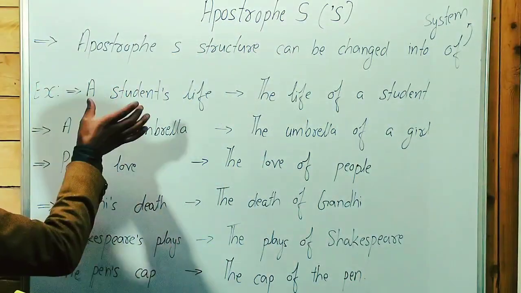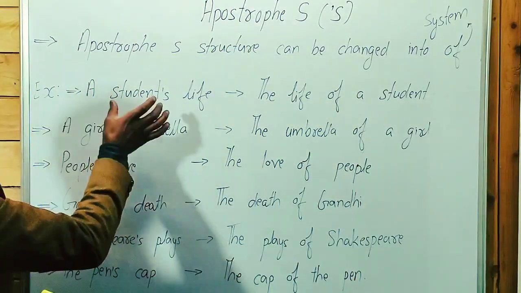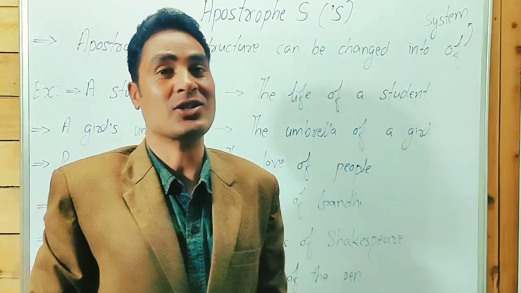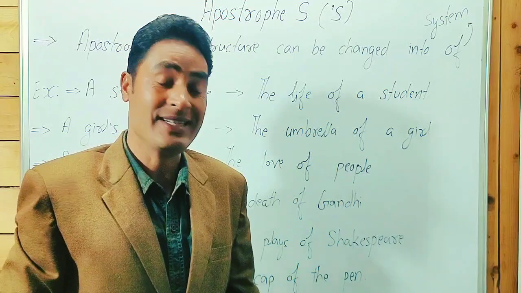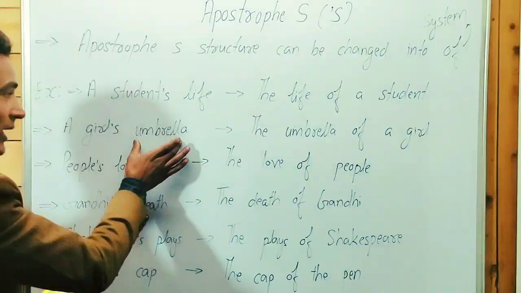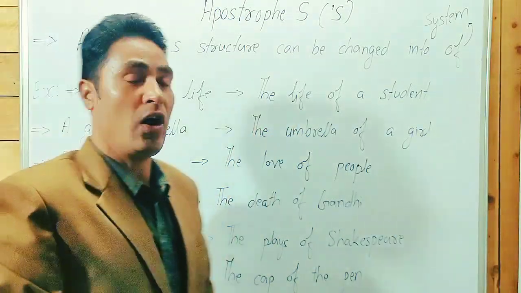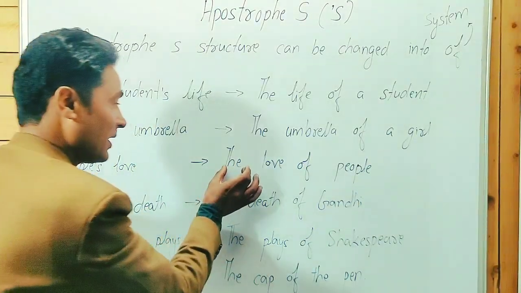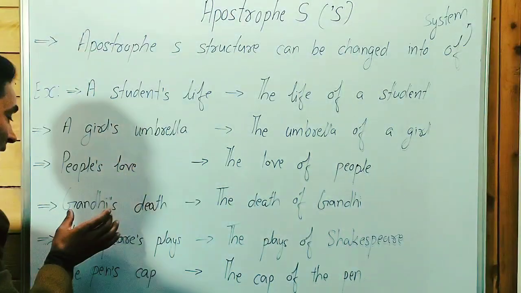This phrase, a student's life, can we write the life of a student? Both phrases have the same meaning. A girl's umbrella, can we write the umbrella of a girl? People's love, the love of people.